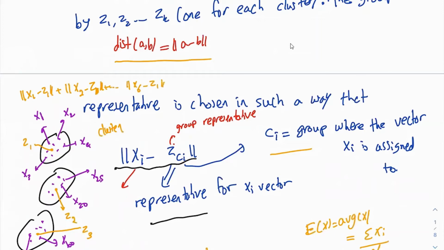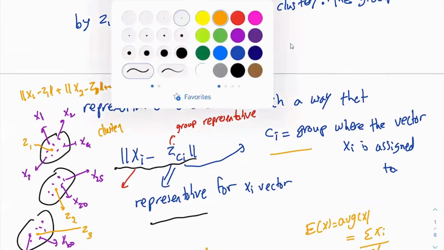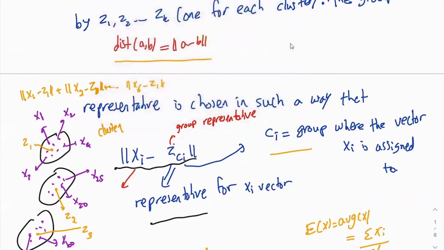In that sense, we say that all these points are actually in this cluster, right? All these points are similar in such a way that they have a minimum distance to the group representative in cluster 1. Why did I use X6? Because this is X5, this is X6, this is X7. Let's use X7, right?